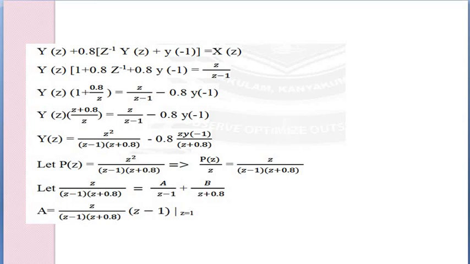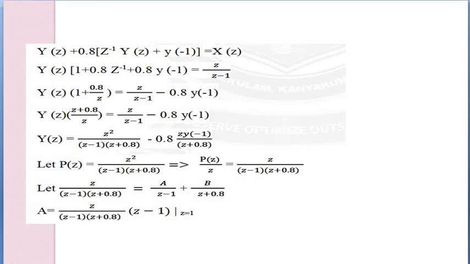So Y of z is represented by P of z. The equation becomes z square divided by z minus 1 into z plus 0.8. Now we divide by z on both sides, so the equation becomes P of z by z equal to z divided by z minus 1 into z plus 0.8. Apply the partial fraction.